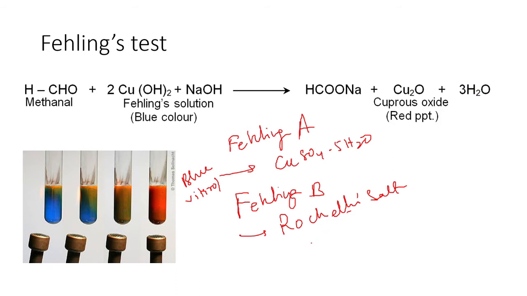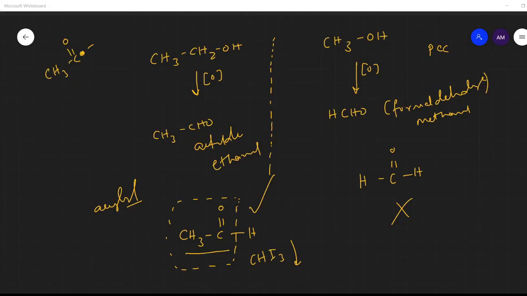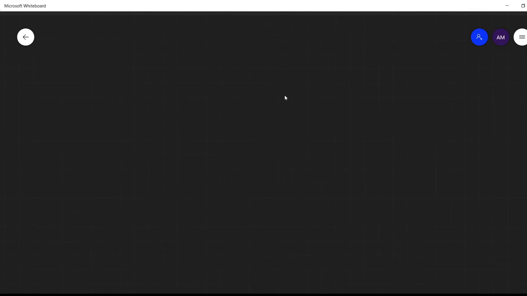Rochelle salt, which is sodium potassium tartrate, right? Okay, let me go to the whiteboard to make you understand. No one asked for the structure, but just to know, I'm telling you, this is the structure of tartaric acid.